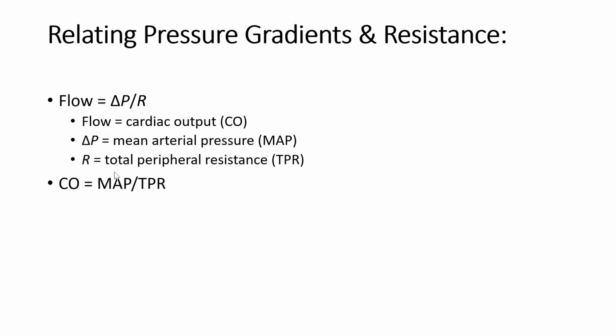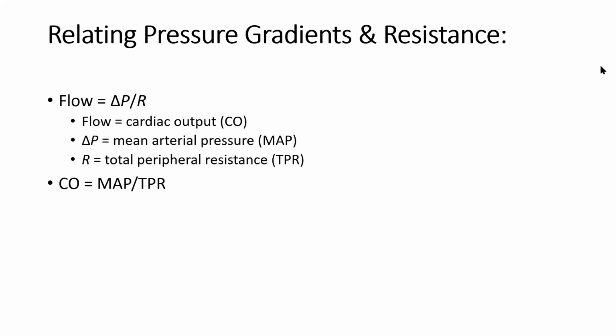So this is a truer reflection of how this relationship applies to our physiology. A very simplistic way to express this is that flow throughout our system is equal to the driving force, which is really our mean arterial pressure, divided by any resistance, any impedance that's encountered throughout that circulation.